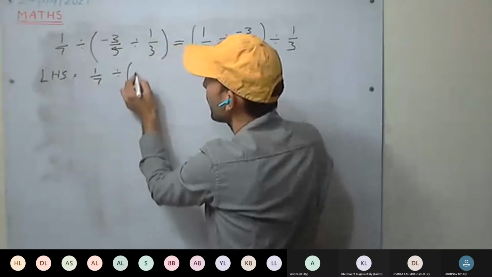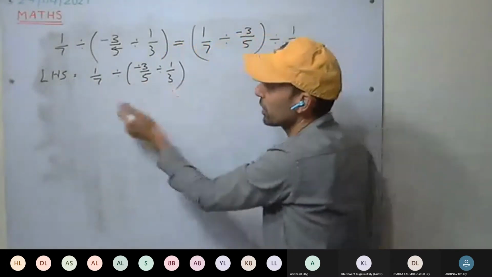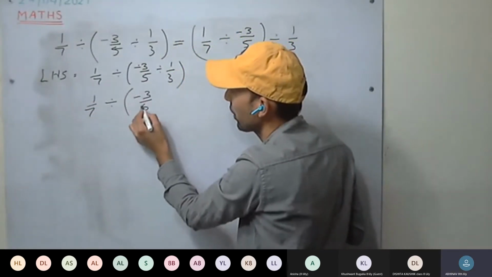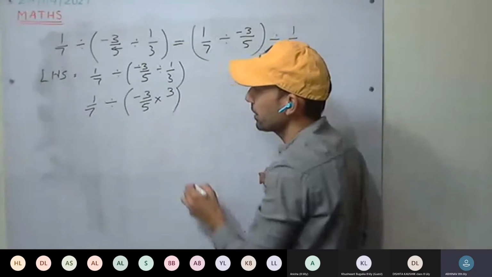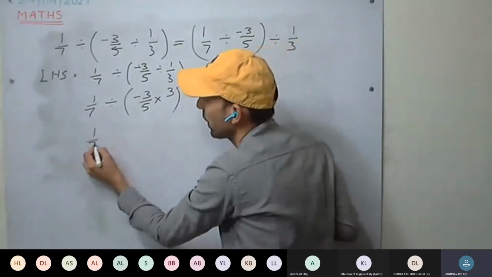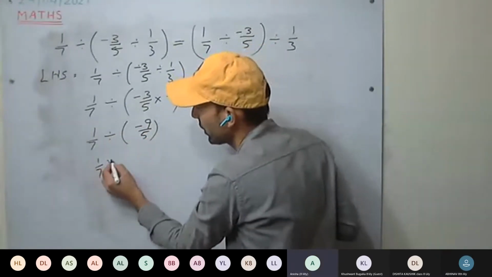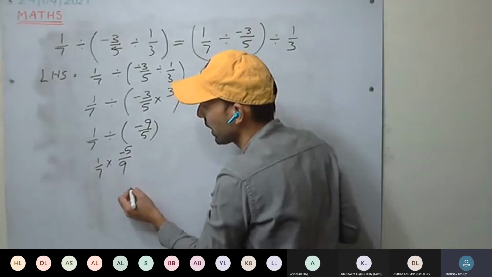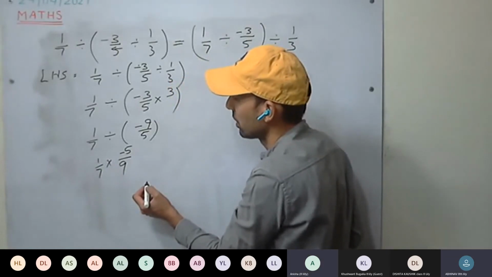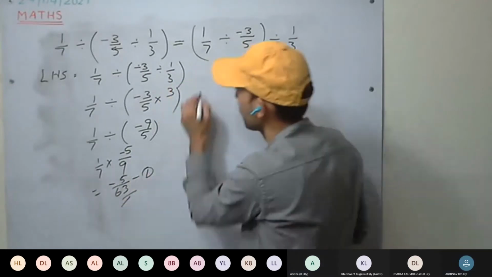First we'll solve the bracket. 1 upon 7 divided by minus 3 by 5 into 3 upon 1. 3 upon 1 we can write as 3. 1 by 7 divided by minus 9 upon 5. 1 by 7 into 5 upon minus 9. So minus 5 upon 63. This is our first answer.